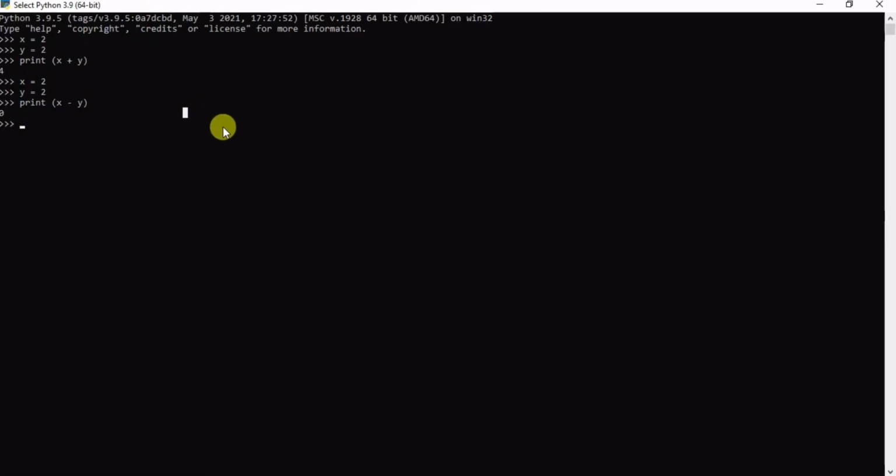The next example is multiplication. Suppose I take the first value x and the second y, where the x value is 2 and the y value is 2.